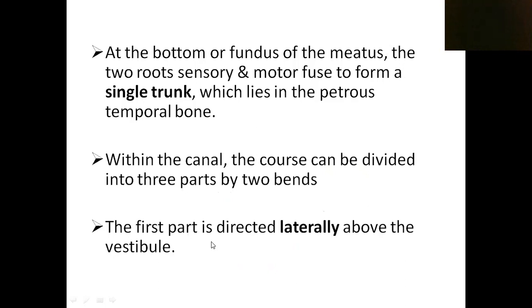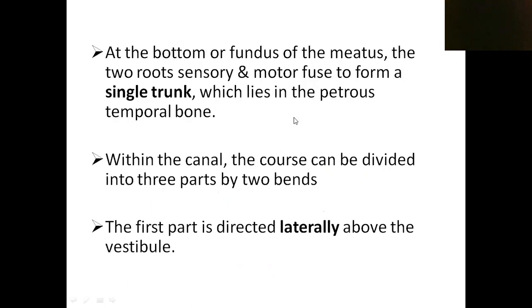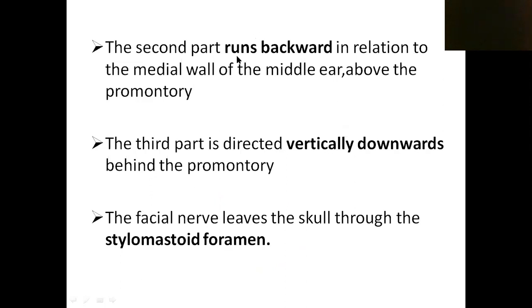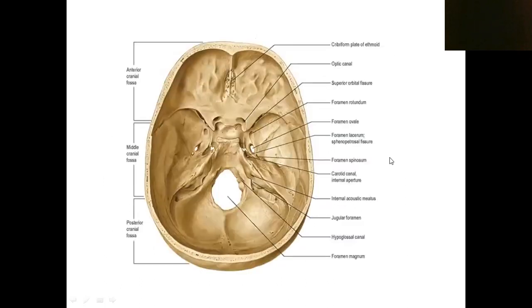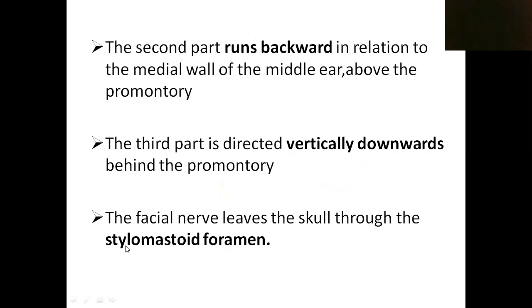The first part runs anterolaterally or laterally, the second part runs backward, and the third part runs downward. I already showed you how. Then it comes out through a foramen known as the stylomastoid foramen.